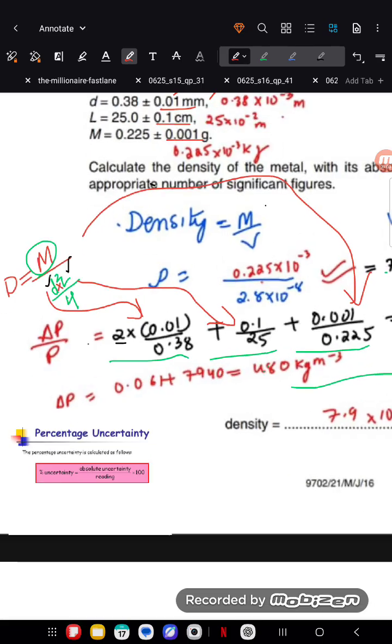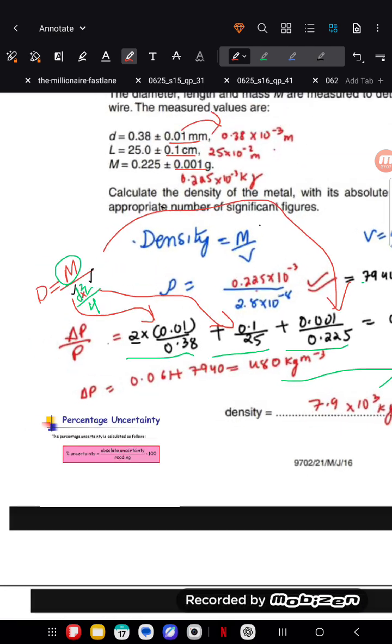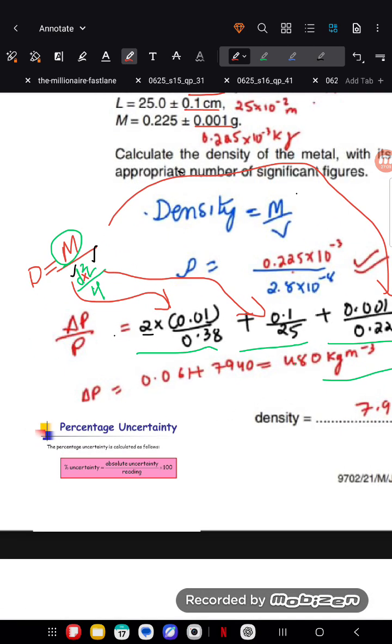Okay, see here, now you have to find the density. Now the formula is m over d square multiplied by l, because if there is a square root you have to divide with 2, if there is a power you have to see here.